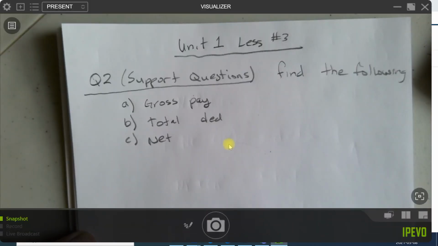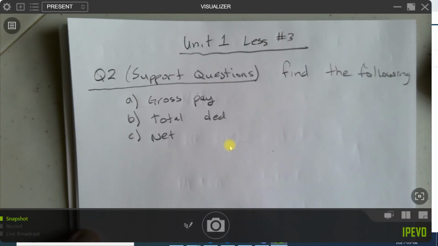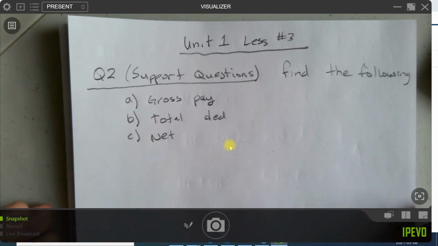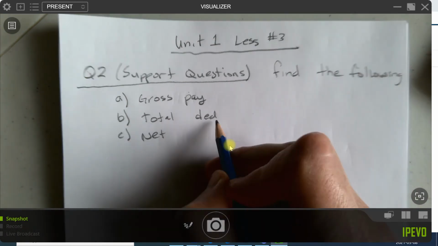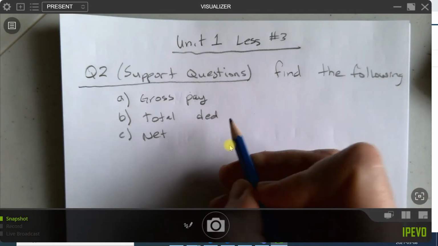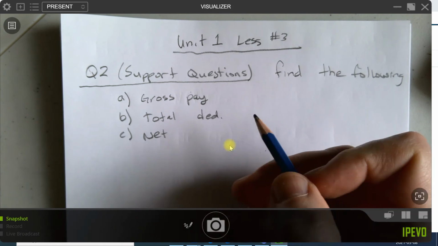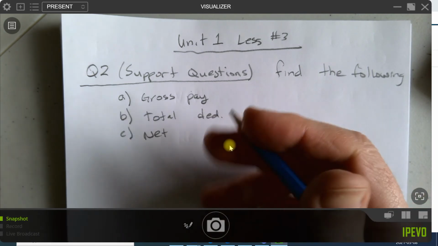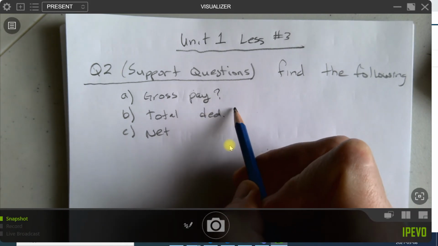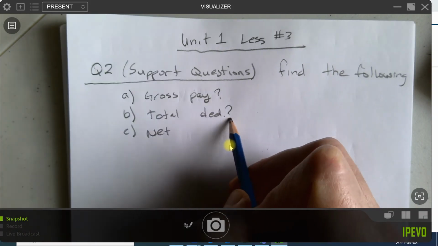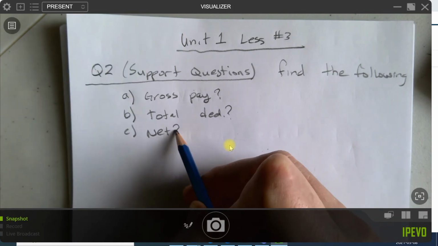I've just extracted all that information. Remember we learned before, you could use the GRASS method, the given, the required, the analysis, the solution, but unless asked for that, you don't have to do that method. It's just a methodical way of showing your work. This is another way, a little bit faster. So we have to find for A, the gross pay, B, the total deductions, and C, the net pay.